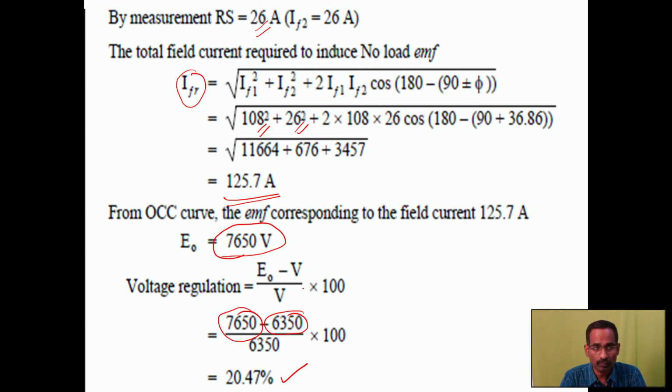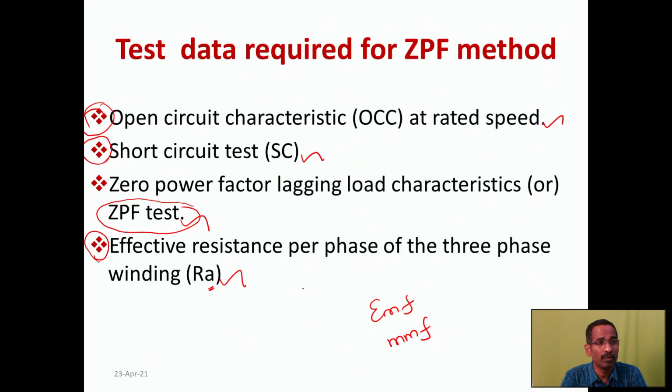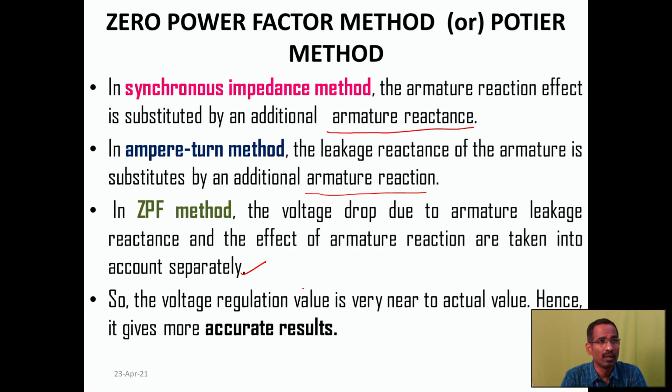So I will come to the first slide once again. Yes, you can look at this. We have calculated the voltage regulation for the different power factors. So there are three methods.